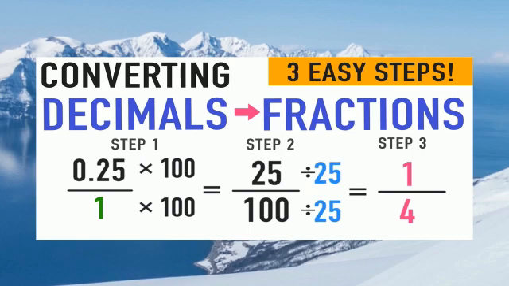So 25 divided by 25 is equal to 1, and 100 divided by 25 is equal to 4. We can stop at 25 over 100, or we can find the irreducible fraction, which is equal to 1 over 4. So this is our lesson. I hope you understand it.